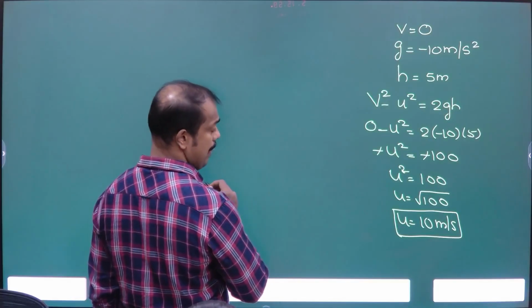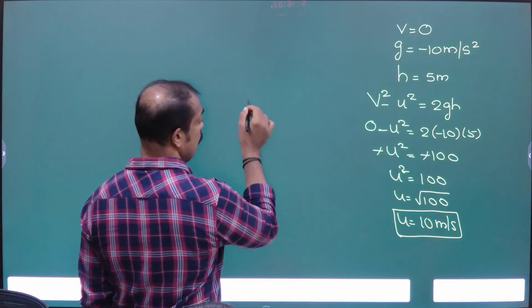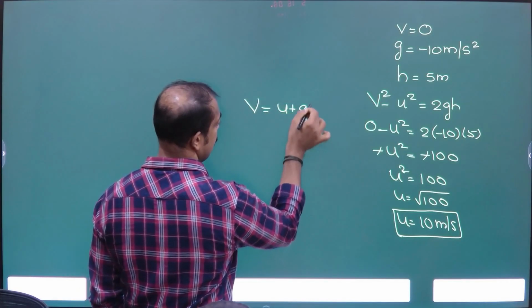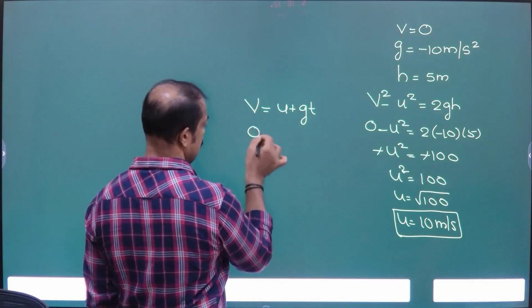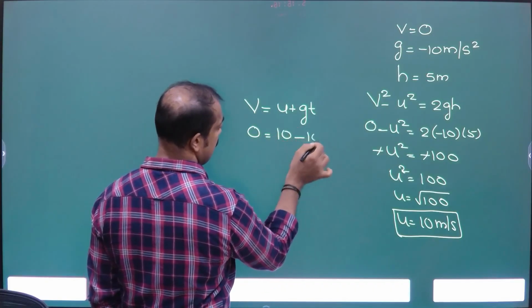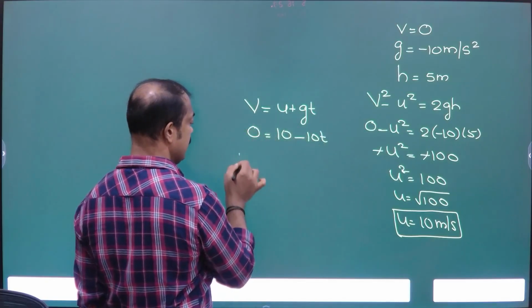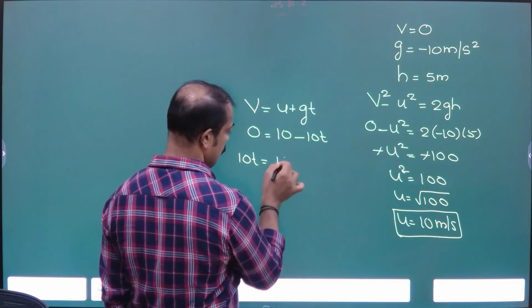अब क्या फाइंड करना है? टाइम. टाइम के लिए कौन सा फॉर्मूला? V इक्वल टू U प्लस GT. व्हाट इज V? 0. U तो फाइंड किया था 10, माइनस 10 इंटू T. माइनस 10 T will shift this side, equal to 10.